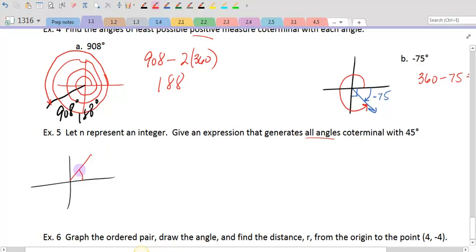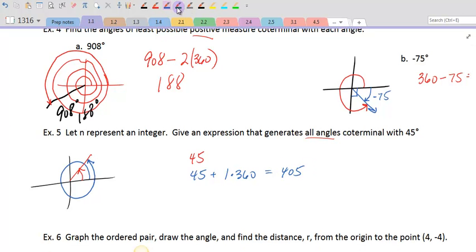So I know that to move that little amount, that's 45 degrees. But what if I moved all the way around 1 revolution plus 45 more? Well, that would be 45 degrees plus 1 revolution times 360. That would end up being 405.